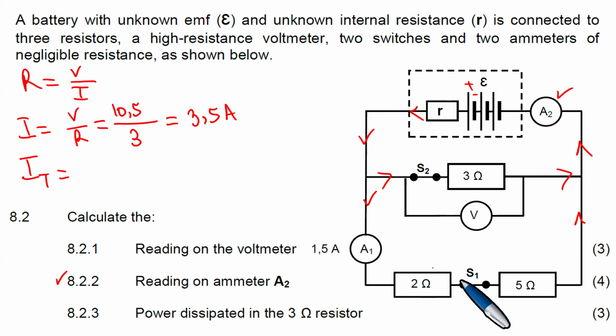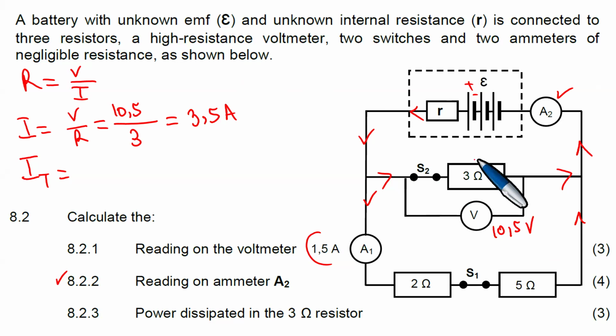So now there's going to be I total because here we know it is 1.5. Okay, good. How did you get 3? Okay, because we already know that the potential difference here is 10.5 volts across this particular conductor. And that will be the voltmeter reading here on this high resistance voltmeter.